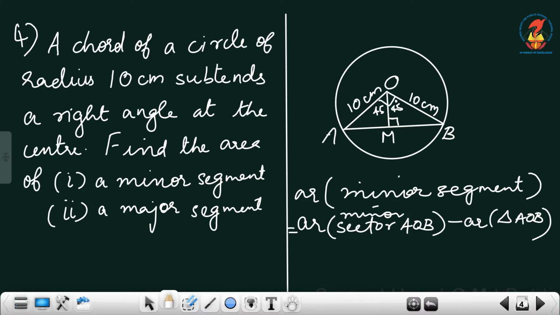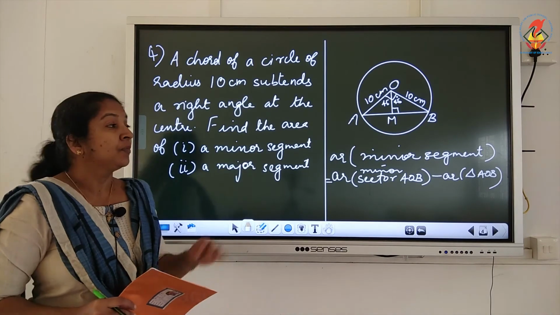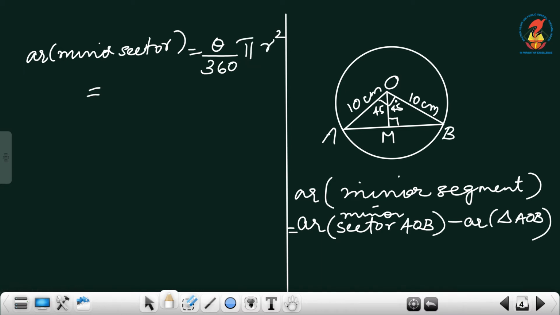So, first we have to find area of the minor sector. Area of the minor sector is equal to theta by 360 into pi r square. Everything is given here. It is 90 divided by 360 into 22 by 7 into 10 into 10. Here we have to use 3.14.